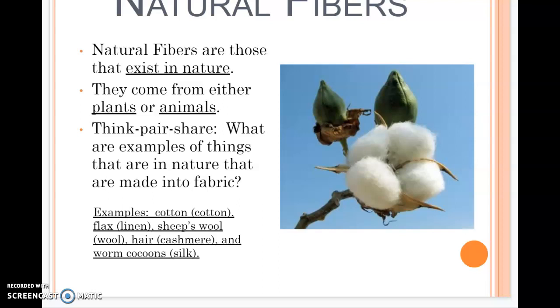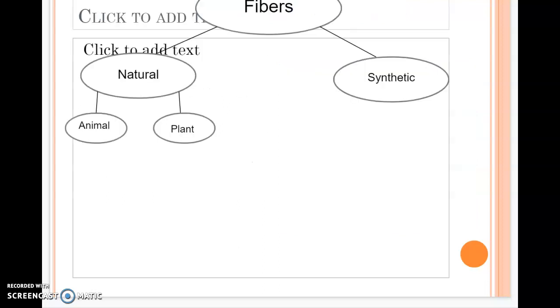So think of, and this is on your sheet, some examples: cotton, flax, which is also known as linen, sheep's wool, which is wool, cashmere, which is a hair, and worm's cocoon, which is silk. There are also going to be on the worksheet some videos on some natural fibers and how they are made.